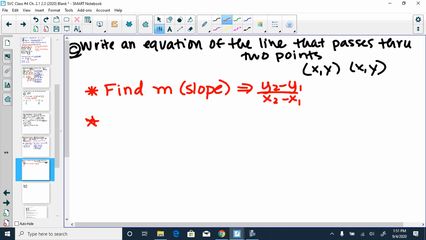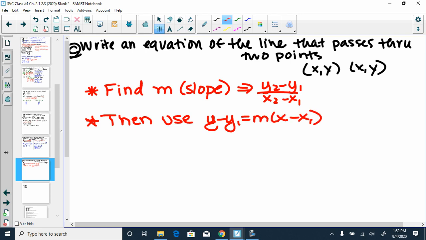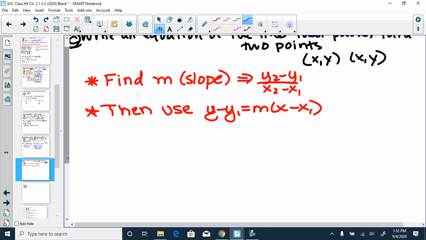Then you will have to use point slope to actually write the equation. This one has 2 steps, so you will have to find the actual slope first. Okay, so let's look at the example here.